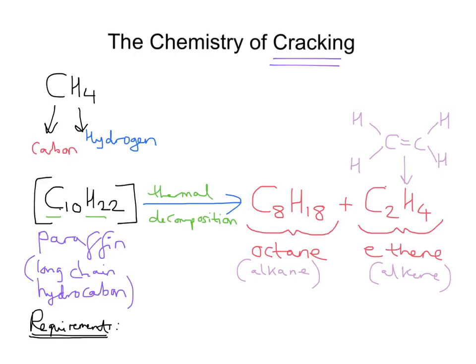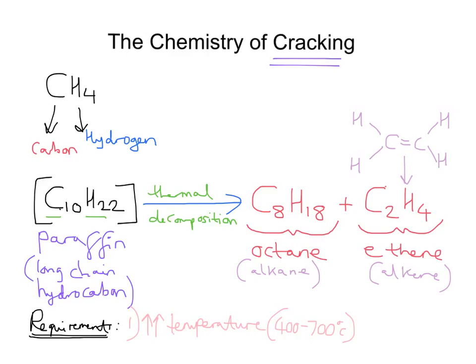So the first thing is heat. We're going to have a very high temperature because we need to overcome those strong covalent bonds. We're going to have that at approximately 400 to 700 degrees C. So we're looking at 400 to 700 degrees Celsius for that.